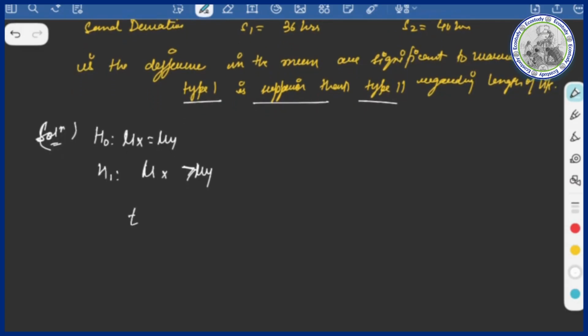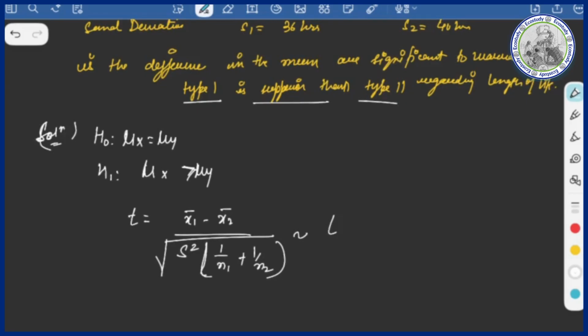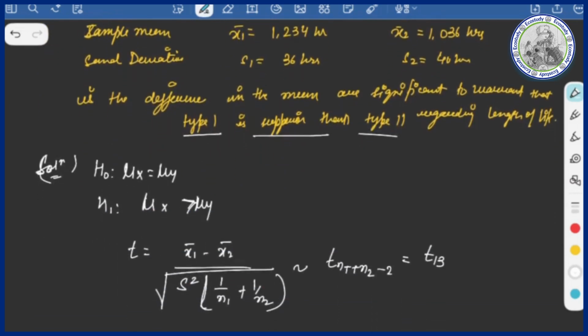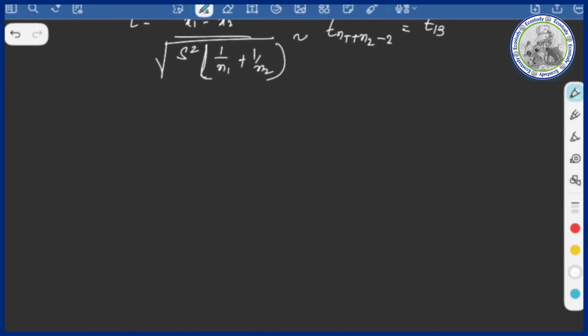So what is the test statistic? We will use x bar minus y bar, where x1 and x2 are given, divided by S times root of 1 upon n1 plus 1 upon n2, which will follow T with n1 plus n2 minus 2, that is T13, because 7 plus 8 is 15 and 15 minus 2 is 13.